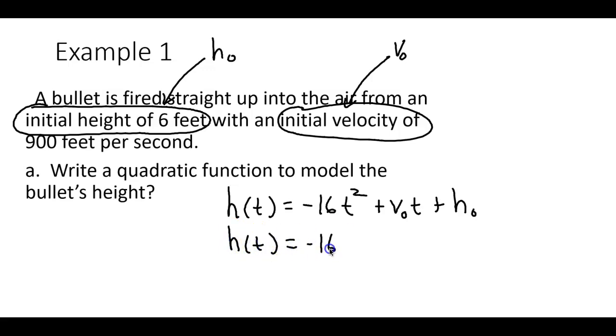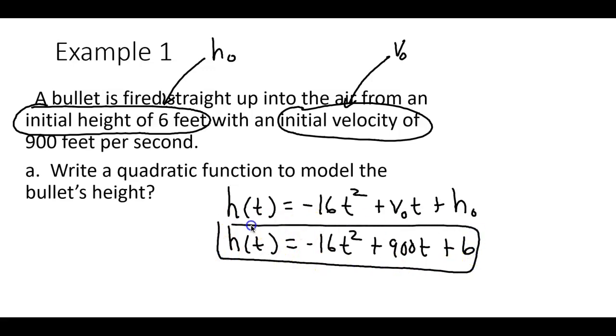I'm going to plug in 900 for the initial velocity, and I'm going to plug in 6 for the initial height. So that's the answer to question 1. You can't do any of the other work unless you do that. So step 1 is to plug in your initial height and initial velocity so that you have a formula.